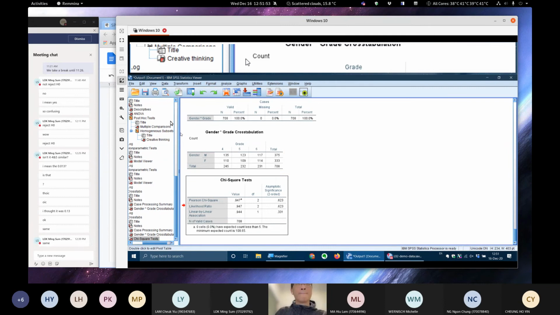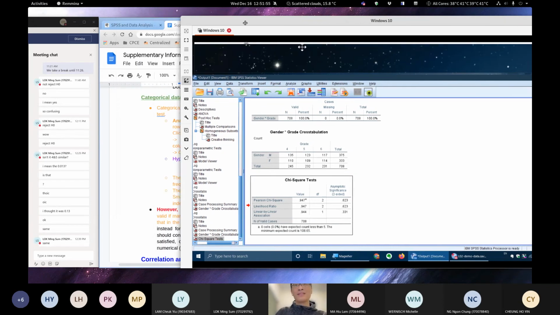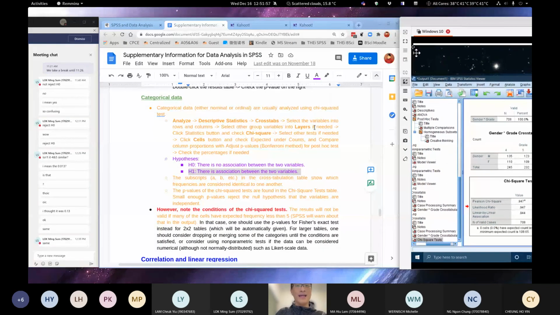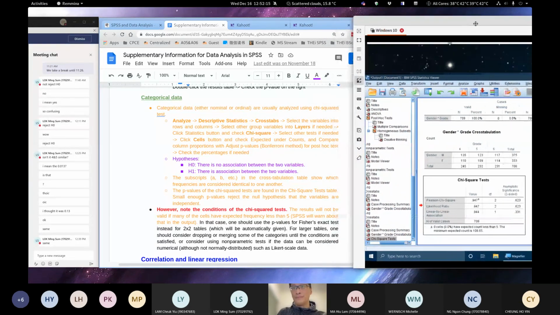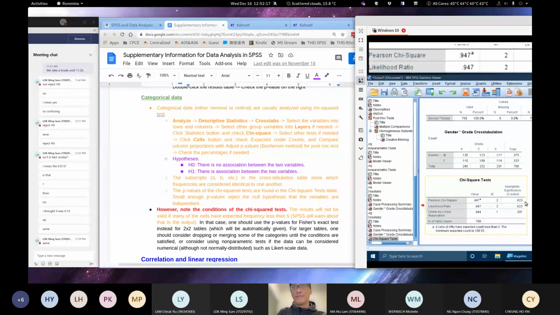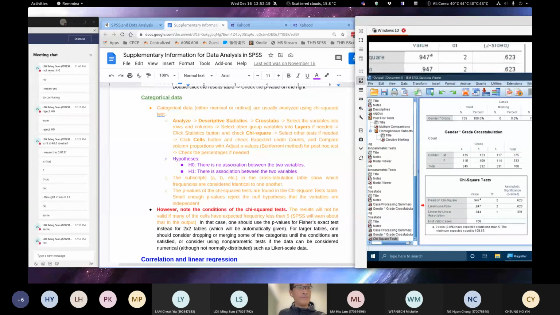So let's look at the tree again. 0.623, that is a large number. Can you tell me which one should be taken, H0 or H1 in this case? The p-value is 0.623. H0, right?